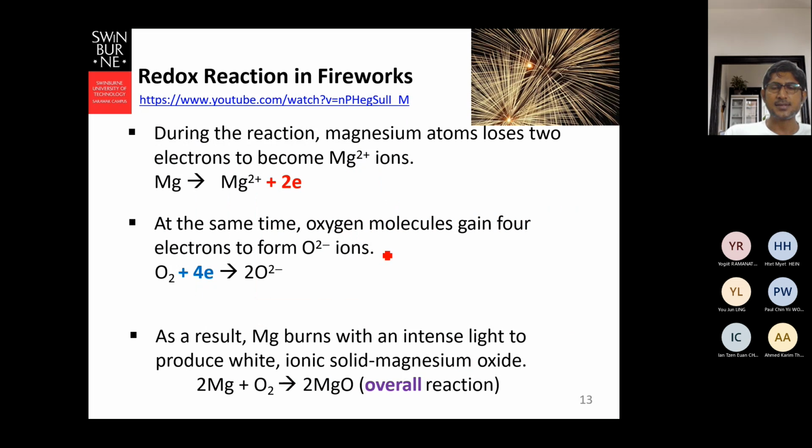So redox reactions not only show us color, as we have already seen. Scientists came up with the idea that, okay, if it shows different colors, then why don't we make it into fireworks? And it does help us, right? All the fireworks from now on, you'll see it is just changes of oxidation state of different elements.